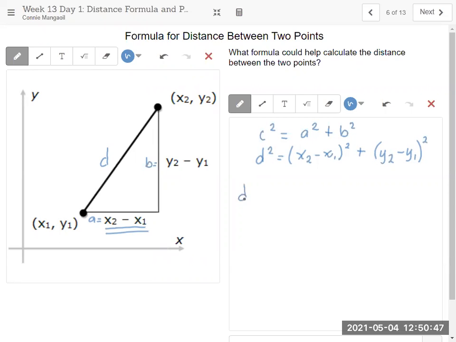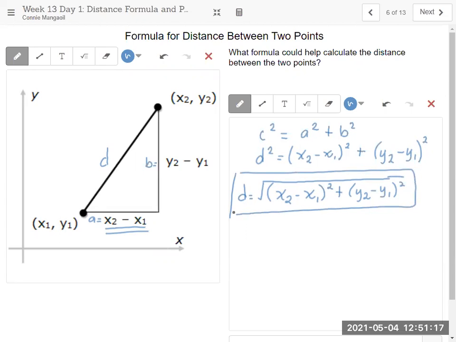And then we get the square root of both sides because we just want the d. We do not want the d squared. We just want the d. So the distance will get the square root like we did before. Square root of x sub 2 minus x sub 1 squared plus y sub 2 minus y sub 1 squared. This is your distance formula.